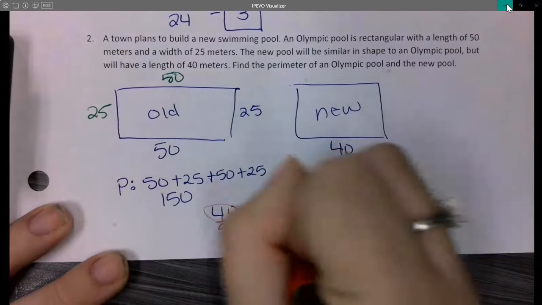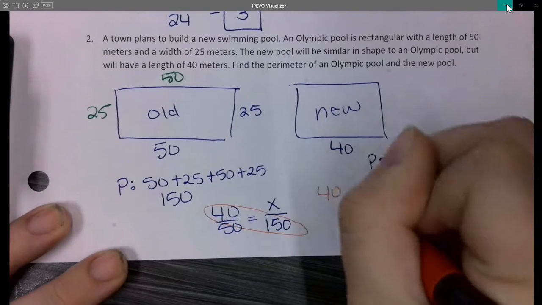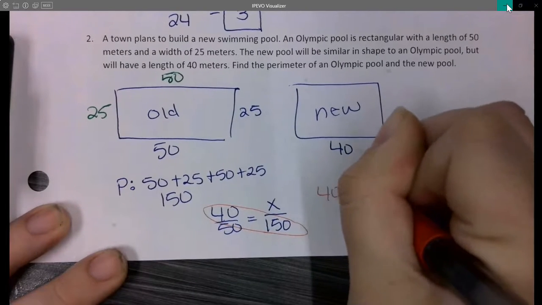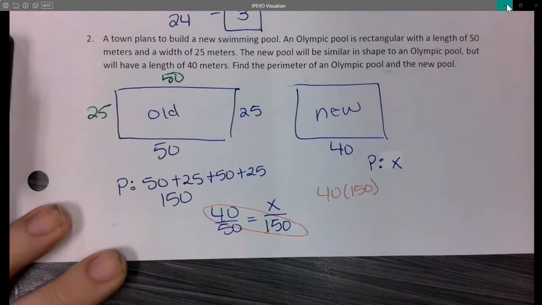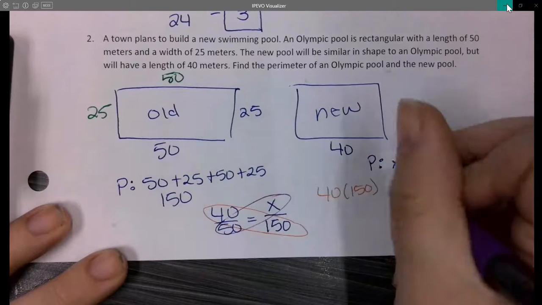Then I want to cross multiply, so I'm going to have 40 times 150, and then I'm going to equal it to 50 times x.